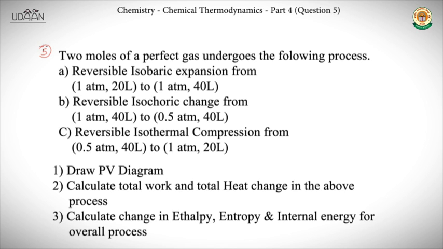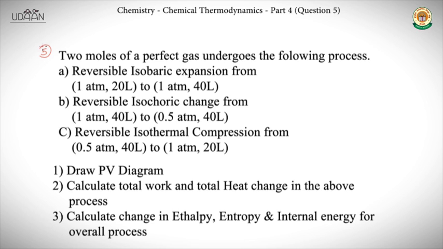B, a reversible isochoric change from 1 atmospheric pressure 40 liters to 0.5 atmospheric pressure 40 liters. C, a reversible isothermal compression from 0.5 atmospheric pressure 40 liters to 1 atmospheric pressure 20 liters.